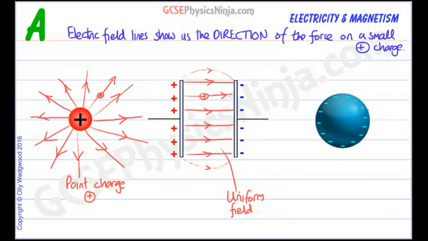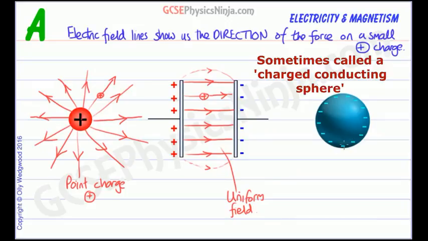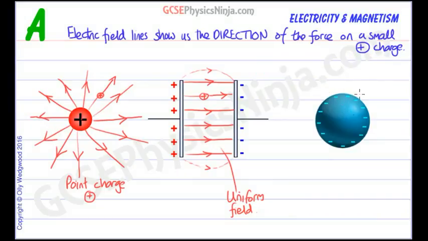What about a negatively charged sphere, such as you might find in a Van de Graaff generator? Well, let's try the old trick with the positive charge. Which way would that charge be attracted or repelled? Well, it's going to be attracted towards the negative sphere. And so you might get an idea now, we've got a similar pattern as to the positive charge, except all the lines will be going inwards because that's the direction that a positive charge would be attracted.